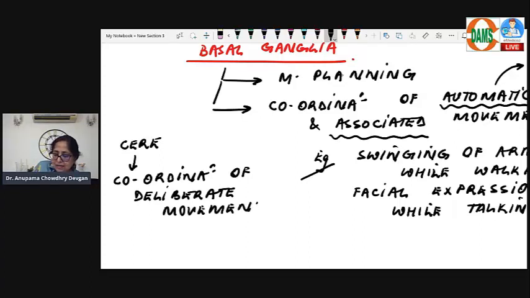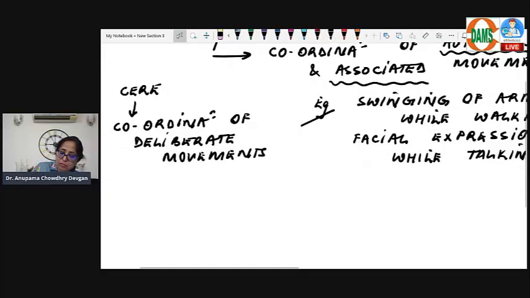And a typical example of a deliberate movement is when you kill a fly. Killing of a fly is a deliberate movement. Yes, there is sufficient practice during lockdown for killing a fly. Yes, but it still continues to be deliberate. It is not an automatic movement. You practiced a lot, but still it is not automatic.